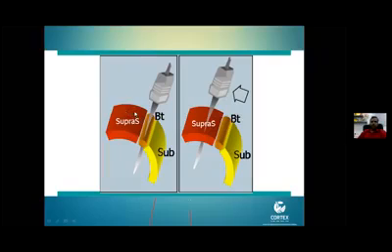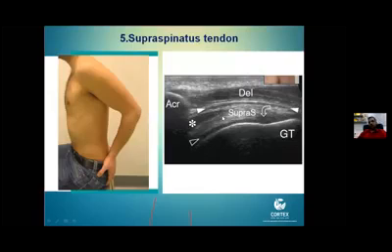The first tendon which comes is the supraspinatus tendon, almost 2 centimeters from the biceps. That way you can identify the supraspinatus. So you find the biceps, keep the same angulation, and move posteriorly. This is the supraspinatus tendon.